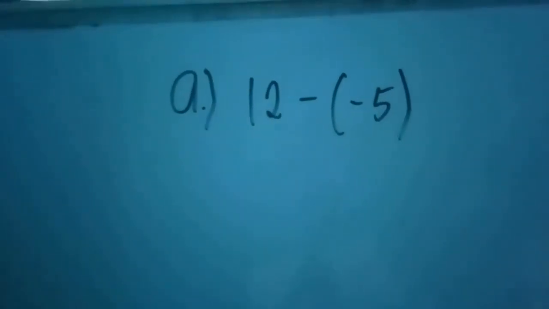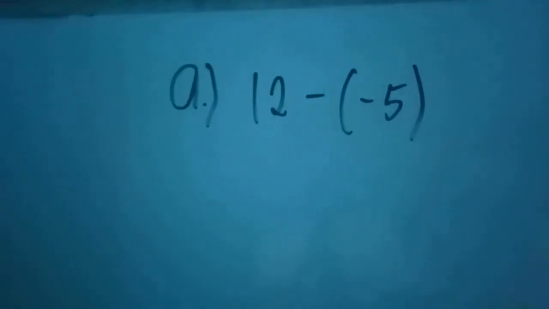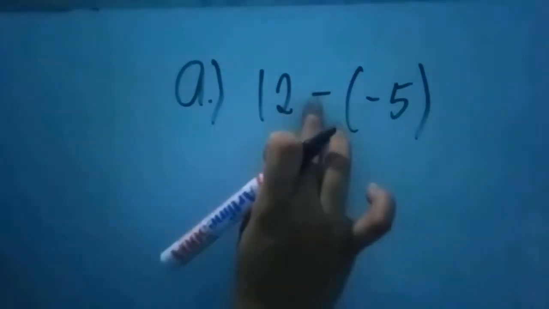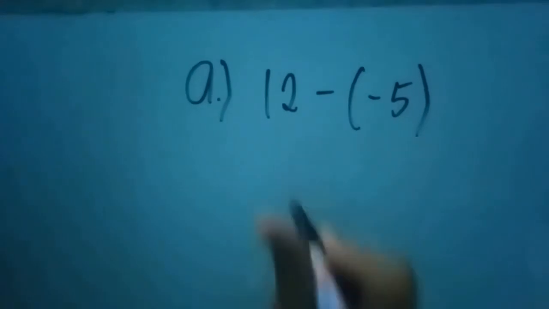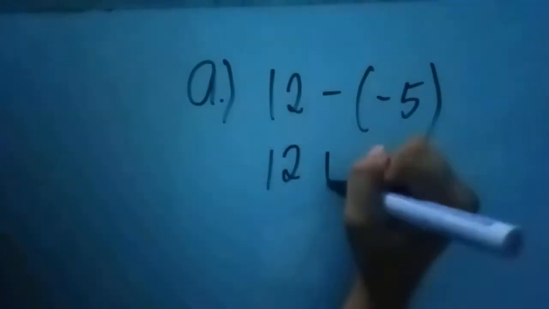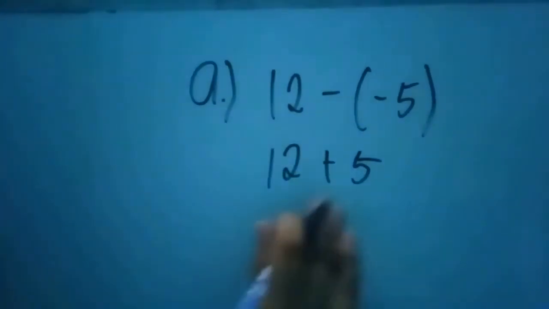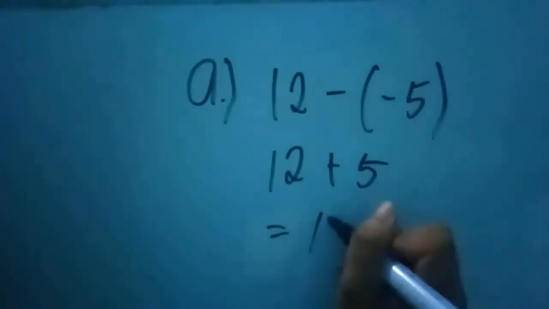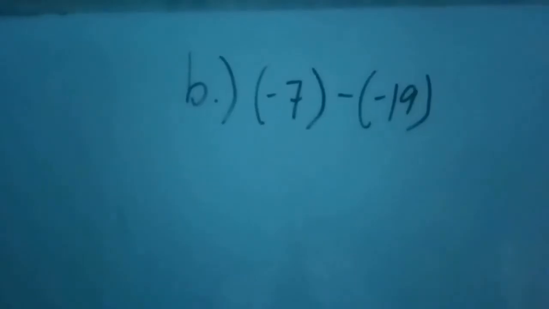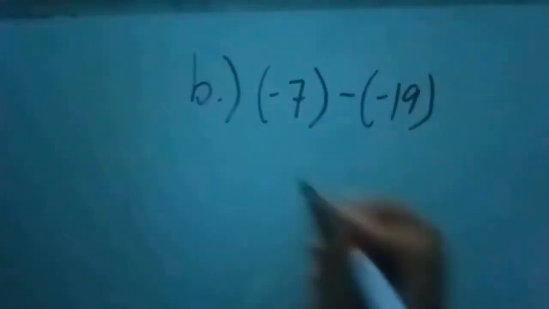So letter A, we have 12 minus negative 5. Negative times negative becomes positive. So 12 plus 5. Then 12 plus 5 is equal to 17. Letter B, negative 7 minus negative 19. So negative times negative becomes positive.